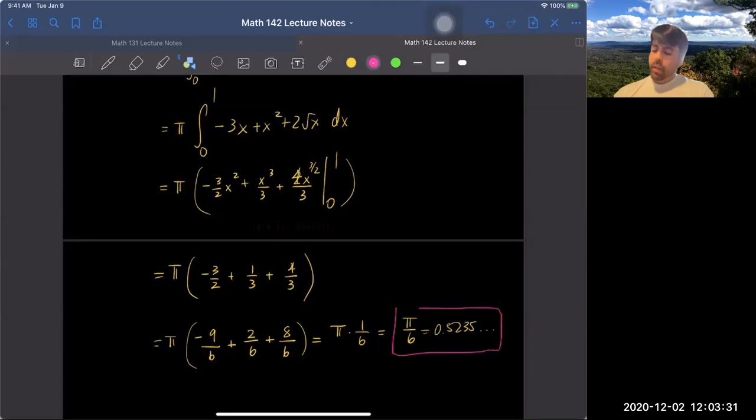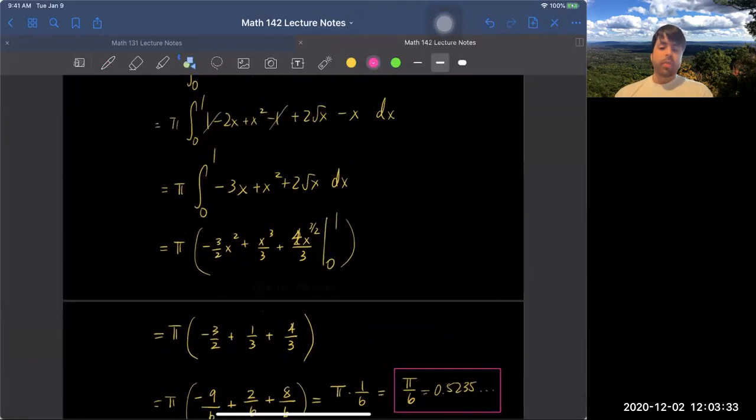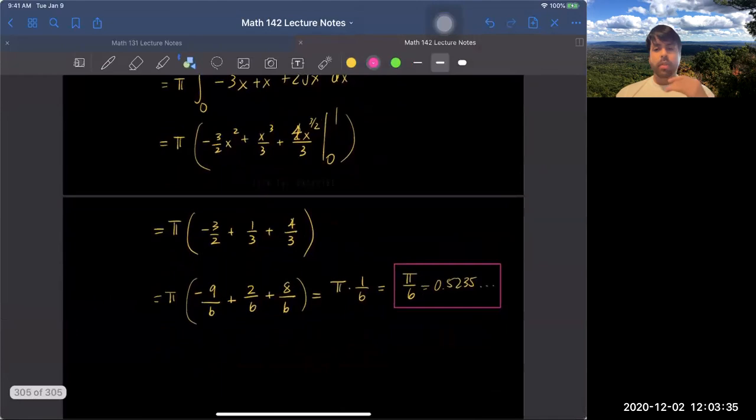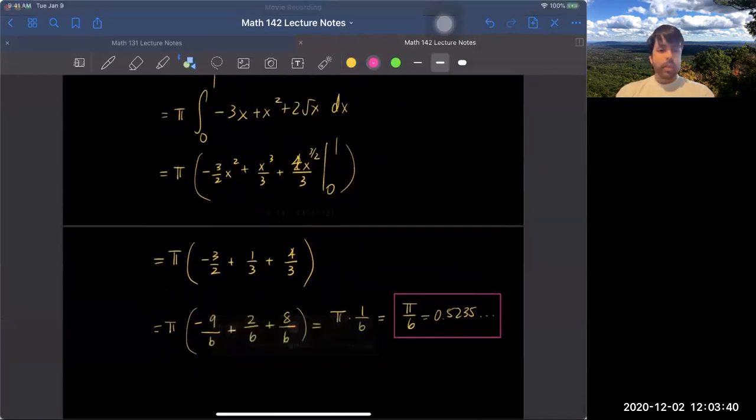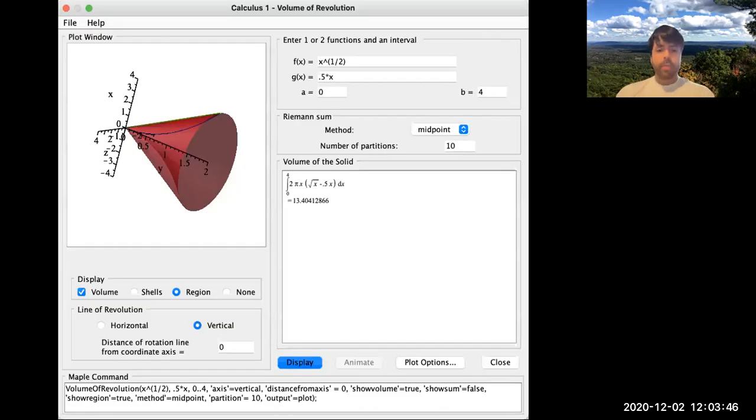So again, hopefully after you set up the integral, the integration steps are the easier parts for you guys. Let me just verify this with Maple. What's our upper function? Our upper function here would be the square root of x, and the lower function just becomes x, and it goes from 0 to 1.